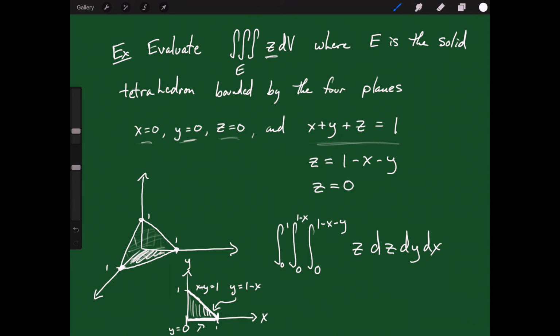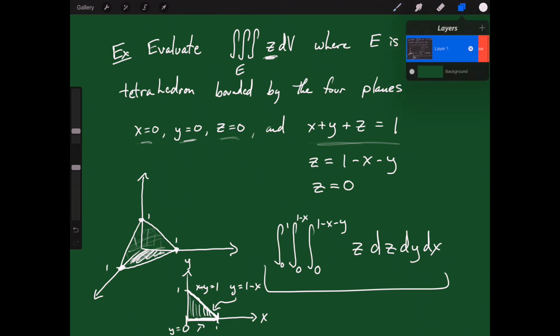Okay, so I've set up an integral that should get me this triple integral over z integrated over this tetrahedron. Okay, so now that I've got this thing set up, let's go ahead and integrate it. So let me rewrite this on a new sheet.